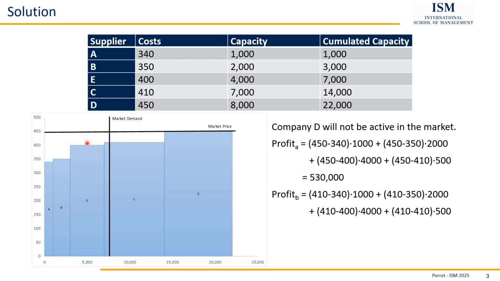So we could add one line here, for example, and this white area below that line would then be the profit in B. So comparing this with A, the only thing we have to do here is replace the previously set market price of 450 with this now newly determined market price of 410. Adjusting this in the calculation will give us a slightly smaller overall profit of just 230,000.